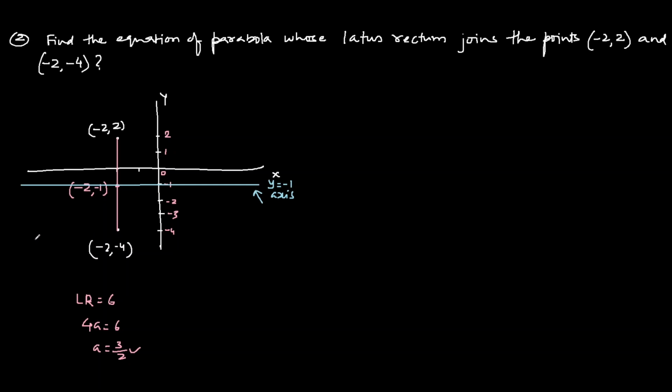One is the left-sided parabola, another is the right-sided parabola, because the parabola can be right-sided or it could be left-sided, something like this. This one is left-sided and this one is a right-sided parabola.